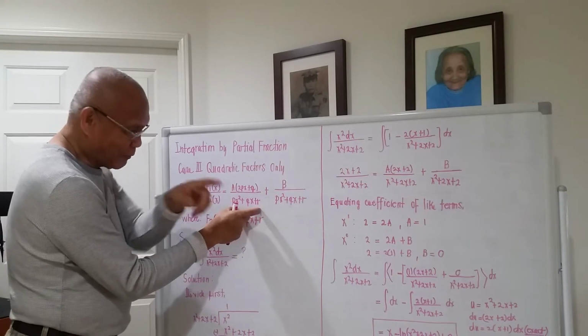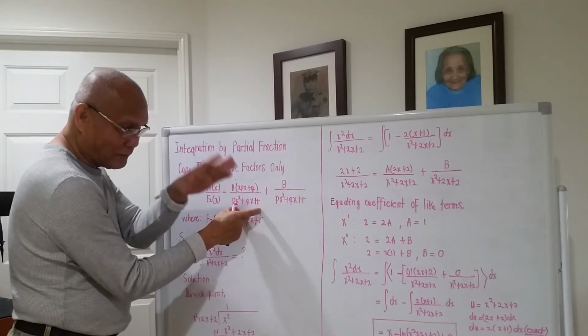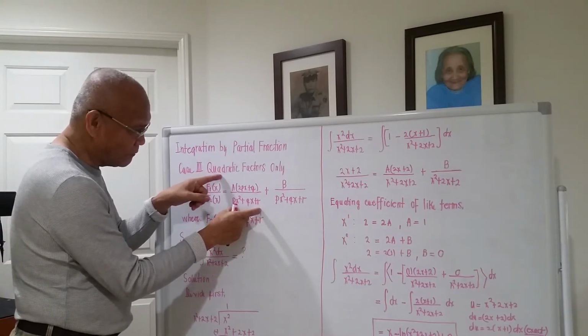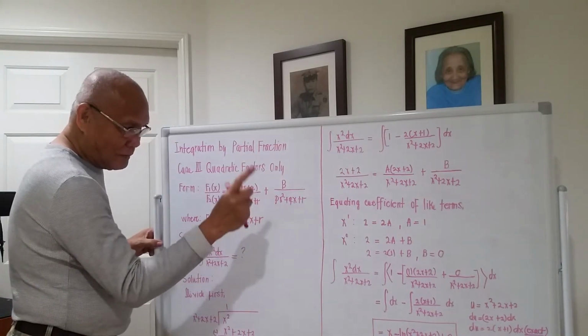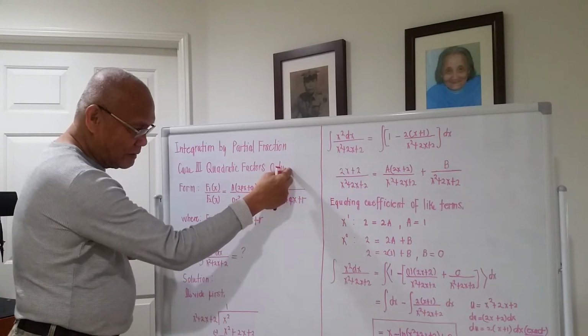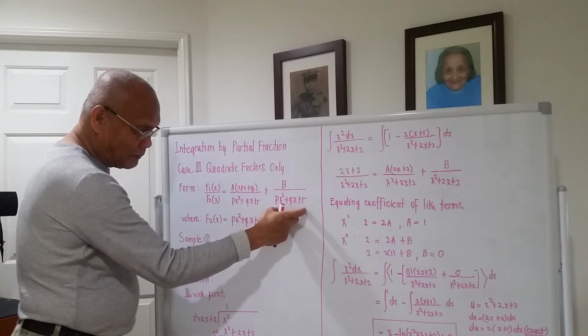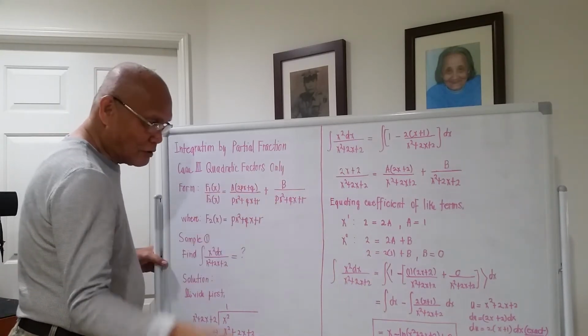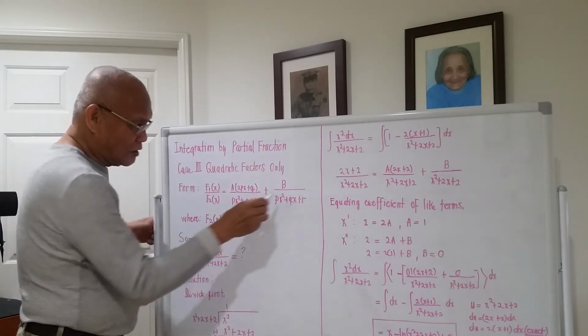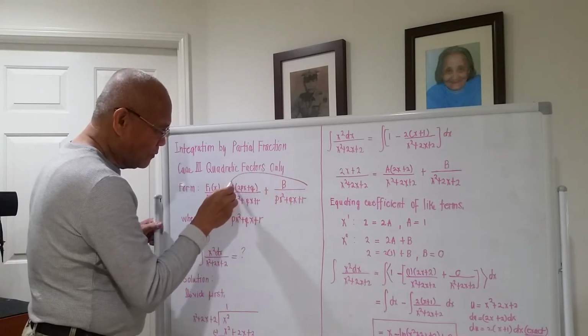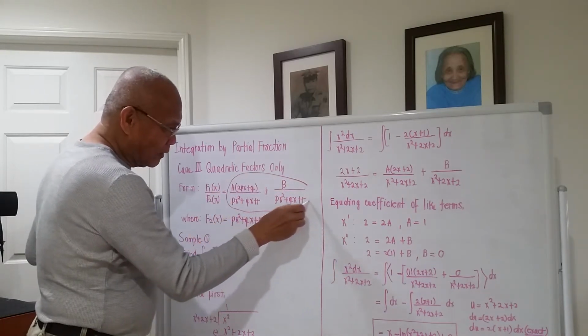That's why our topic for today involves partial fraction that involves only quadratic factors. This is a quadratic factor, plus b all over the given quadratic factor. The significance of this is that for every quadratic factor, this will be the equivalent form.